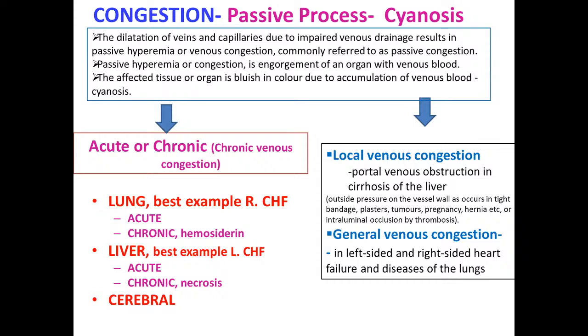General or systemic venous congestion is engorgement of veins in left-sided or right-sided heart failure, and diseases of the lungs which interfere with pulmonary blood flow, like pulmonary fibrosis and emphysema.